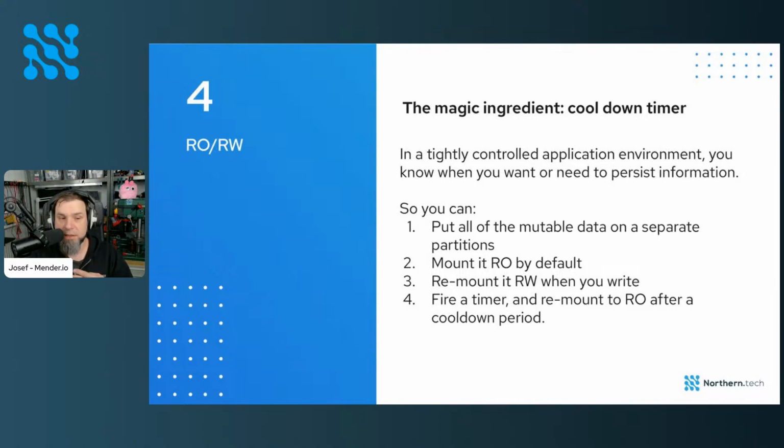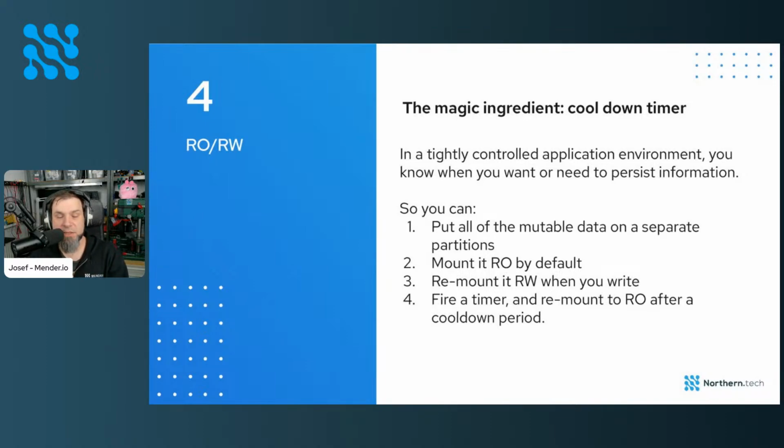And then you can say, hey, when I start this configuration process, the partition where all of my possibly mutable data is, which is mounted as read-only by default, just before I start writing to it, I remount it to read-write.